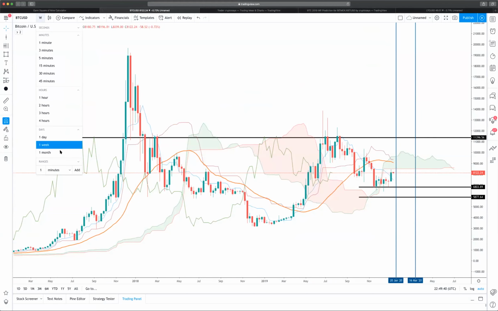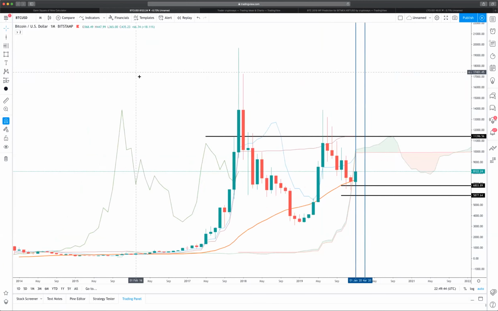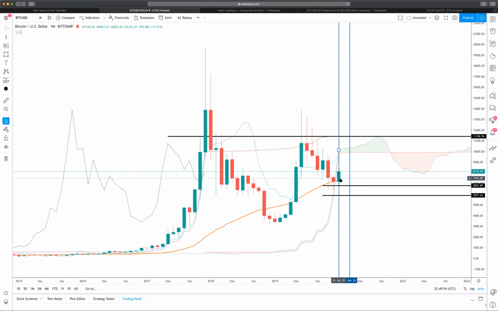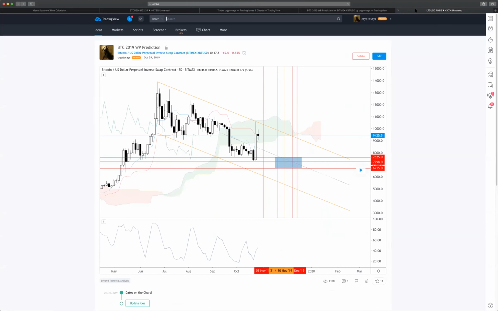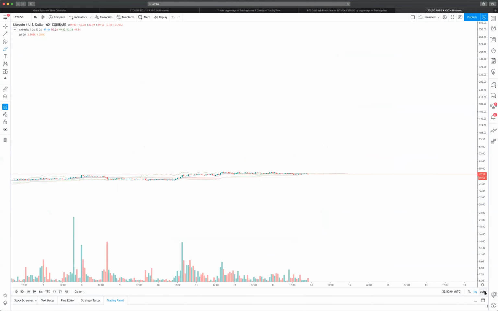If I'm here on the monthly chart, for example, there's absolutely nothing anyone can do to modify the cycle that these monthly candles need to have. Because this is a monthly candle. Do you know all of the things that can happen in 30 days in terms of price action? Absolutely. So there's no way to manipulate a monthly candle. But on the other hand, if you go to the 1 hour chart, that's a different story.